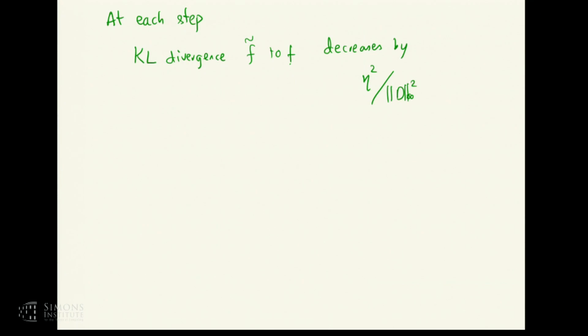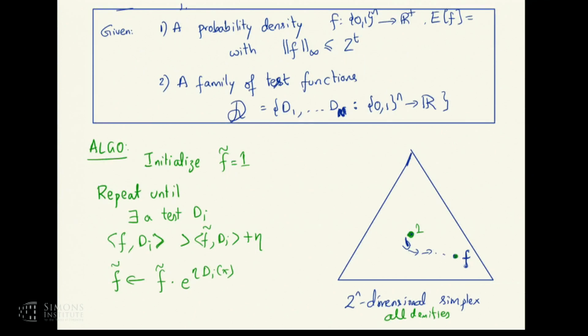So basically at each step your KL divergence decreases. In some sense, basically all I'm saying is you're in this space, and each time you see that the function f tilde and f are different on a test, you update and you learn something new. You actually get closer to f because you now actually move in that direction.